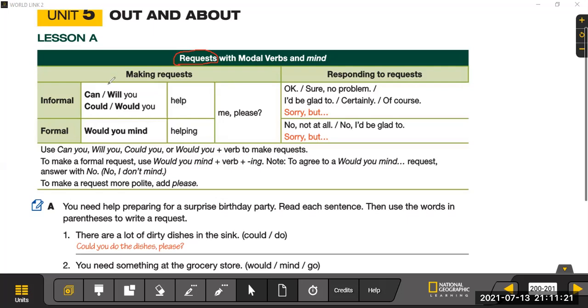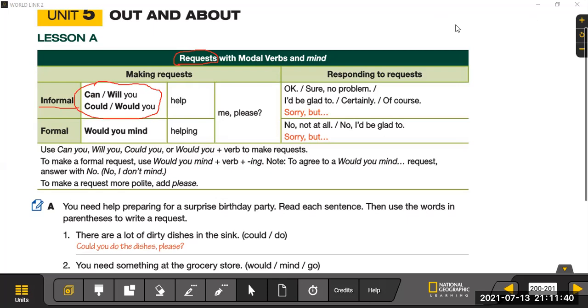So we have different requests. In the first group, we have can, will, could, and would. They say these are informal requests.